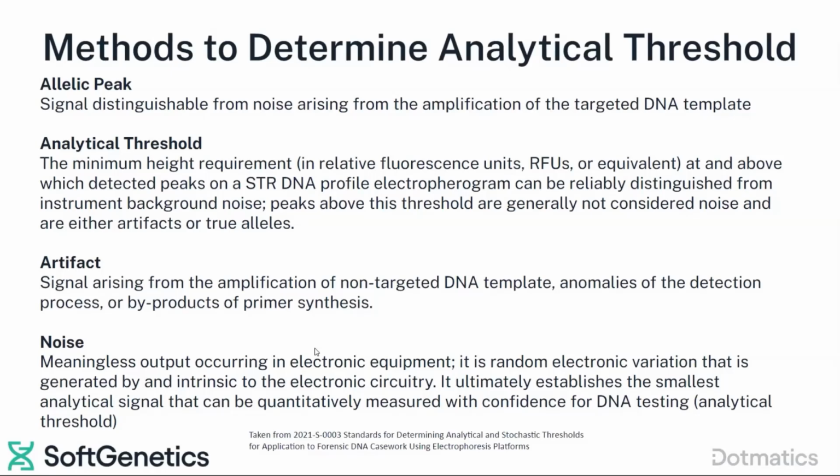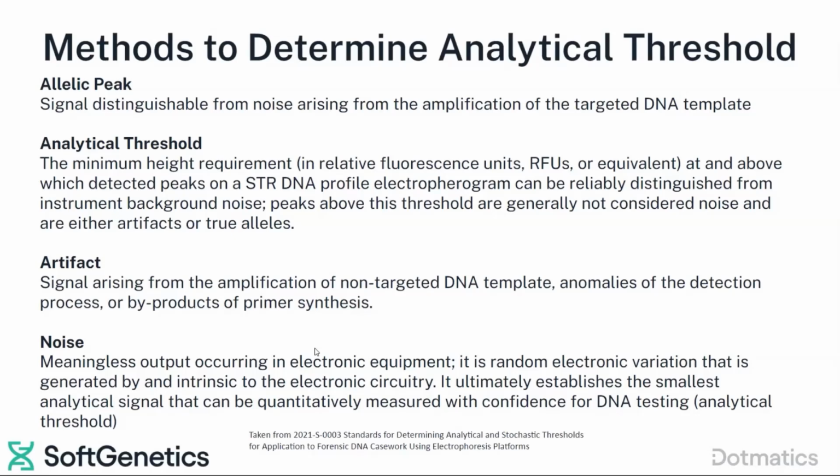Everybody's familiar with what an allele peak is, the analytical threshold. This is something that varies from lab to lab, instrument to instrument, and even on the same instrument, depending on the CE conditions. Artifacts, these are amplification of non-targeted DNA template. And so they're recognized products of PCR that are not allelic peaks.